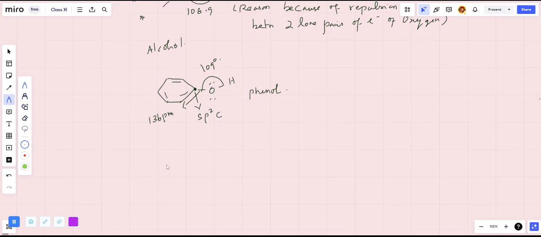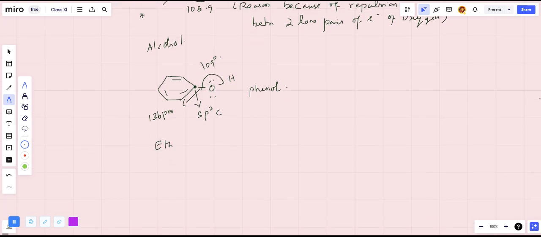Okay. Now, for the structure of ether, here the carbon has three H, CH3. Here also one carbon, CH3. Here the angle is 111.7 degree, and the bond length is 141. Okay, so this is actually methoxymethane.